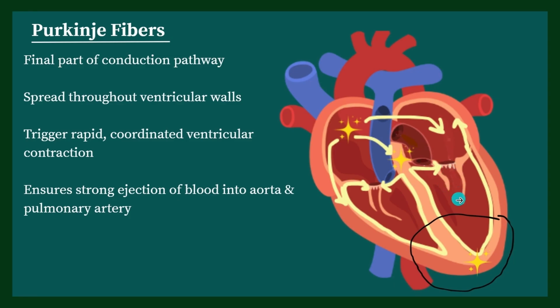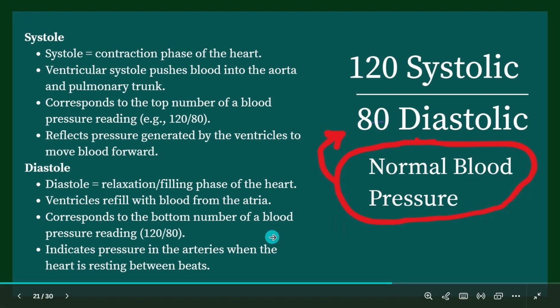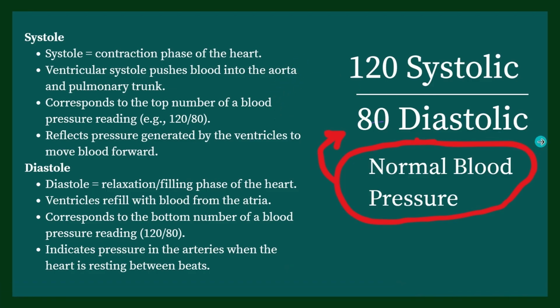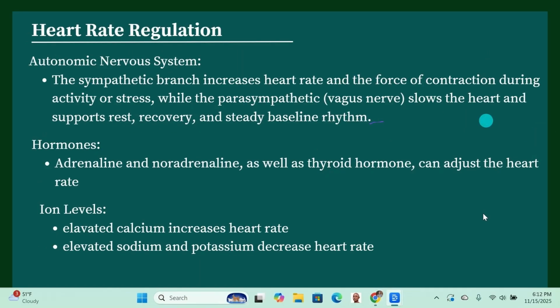When it's filling back up again before it pushes out, that's the diastolic. So it indicates the pressure in the arteries when the heart is resting in between beats. And that's monitored with a pressure cuff, which has a gauge on it to gauge how much pressure is pushing against the cuff. All right, so I'm going to talk more about that in the next video.